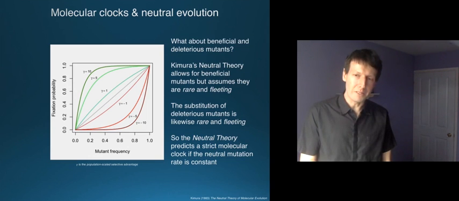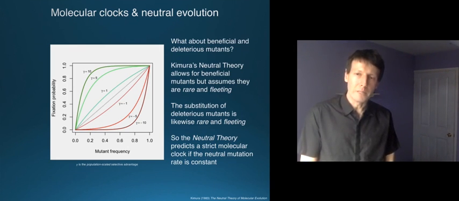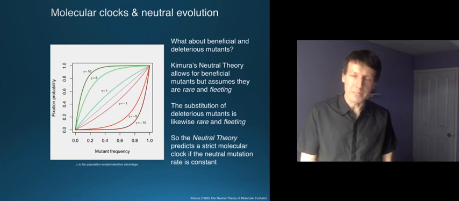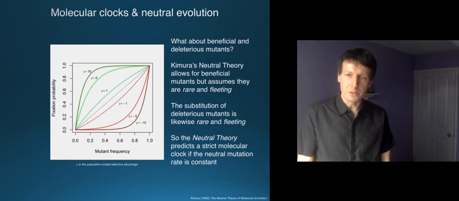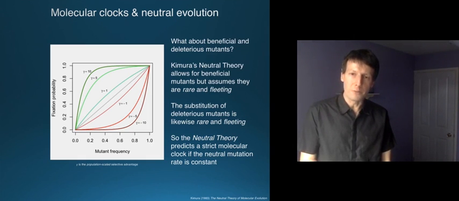And so what these arguments suggest is that in terms of the vast majority of substitutions that one observes over long periods of evolutionary time, although adaptation and adaptive mutations do occur, because they're rare and fleeting, overwhelmingly molecular evolution occurs in a neutral manner, and that predicts a strict molecular clock if the neutral mutation rate is constant.